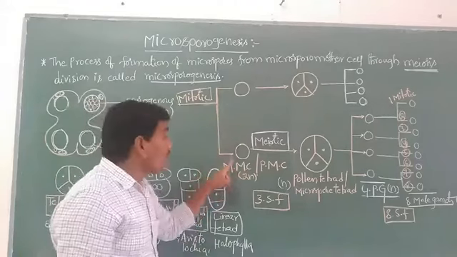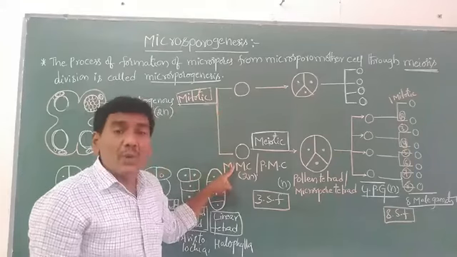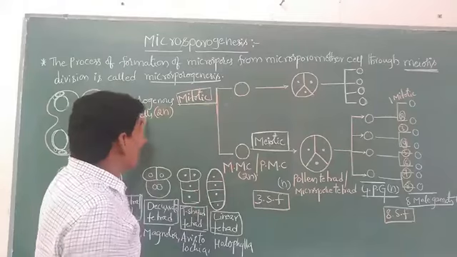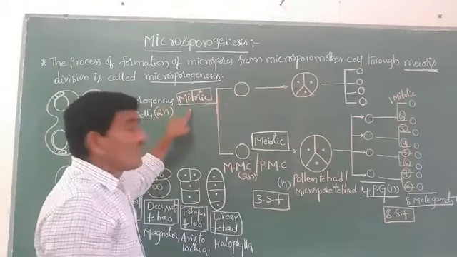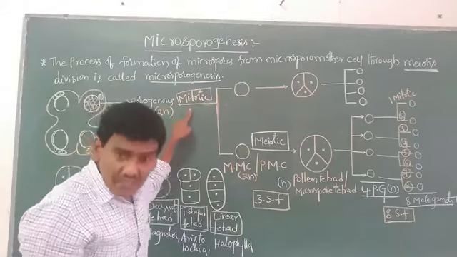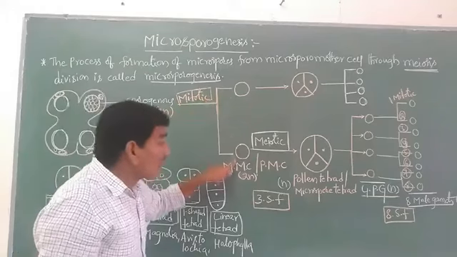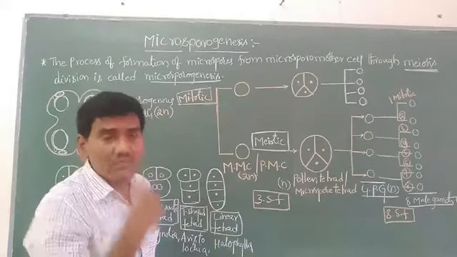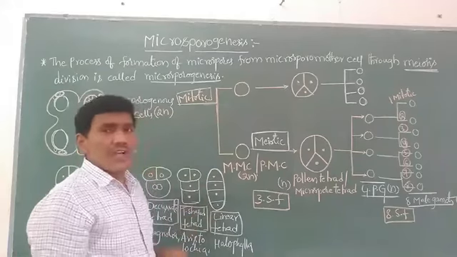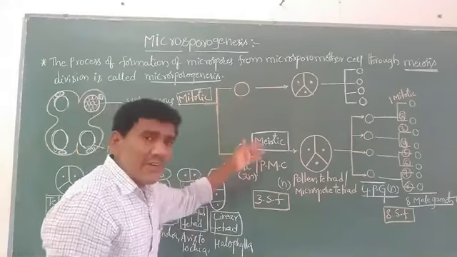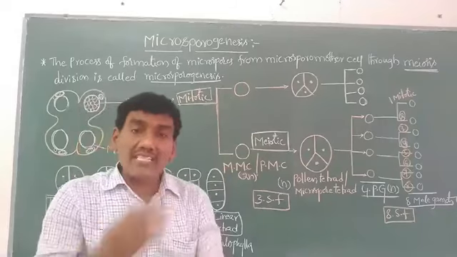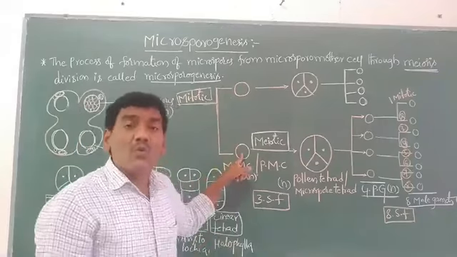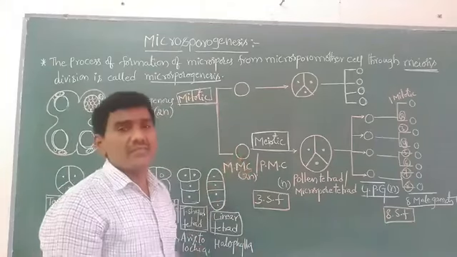The microspore mother cells or pollen mother cells are developed from the sporogenous cells through mitotic division. How many pollen mother cells are developed? Two pollen mother cells are developed. Here we have discussed only one pollen mother cell or one microspore mother cell.